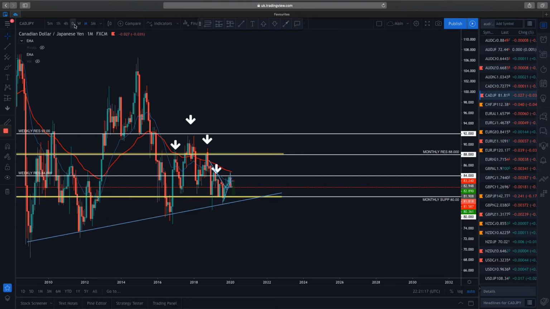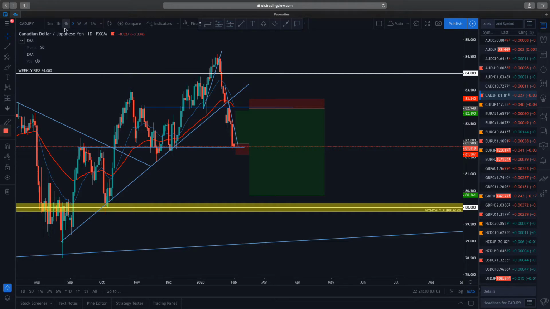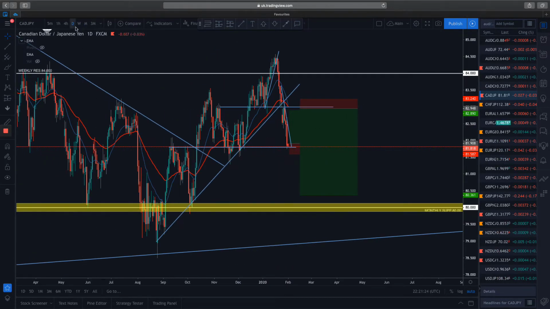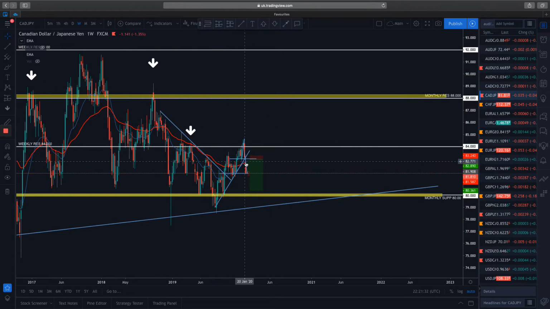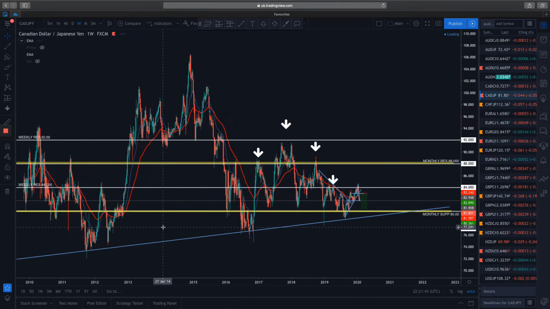CAD yen, essentially I'm just looking for a pullback to this level. When we look on the weekly, we can see we've broken this upward sloping trend line. Market's gapped. It did fill the gap last week, but simply looking for a retest of this resistance to take down lower to the monthly support and the upward sloping trend line.